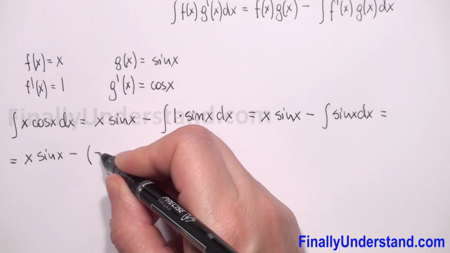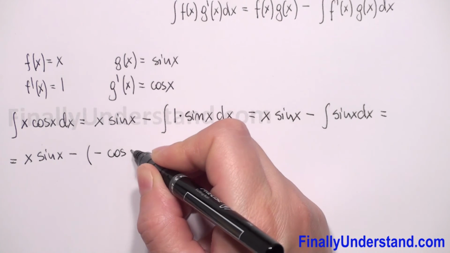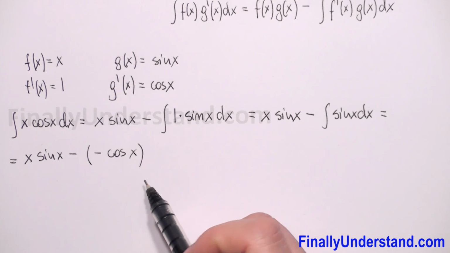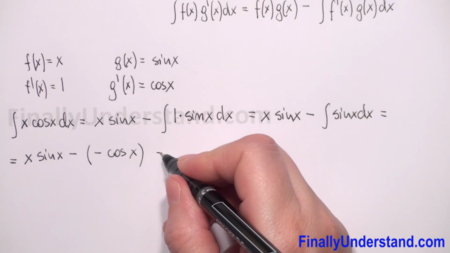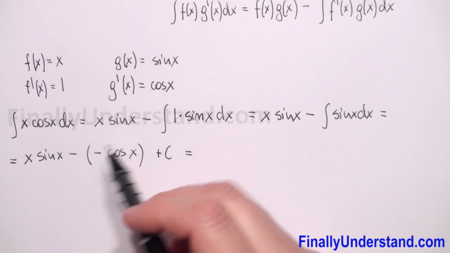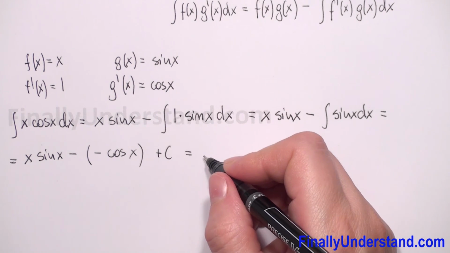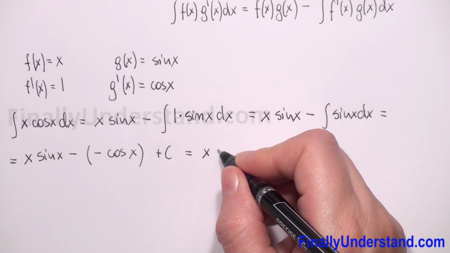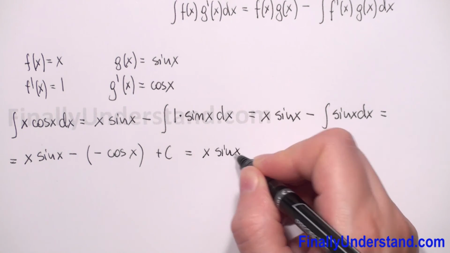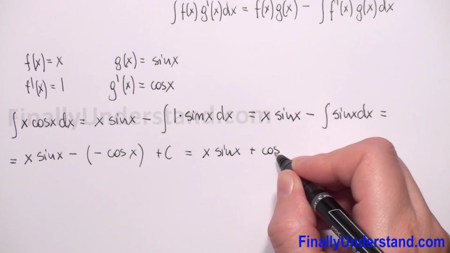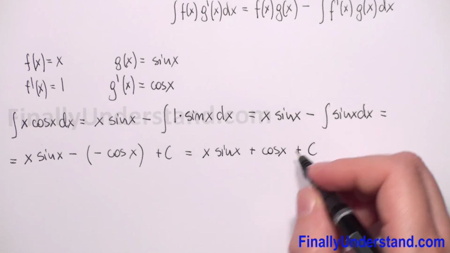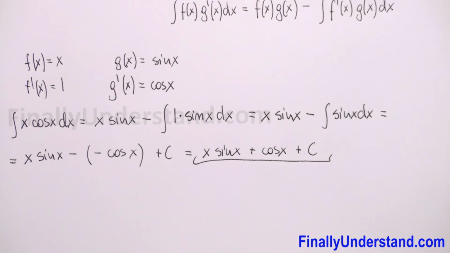So I will put this in parentheses, negative cosine of x. And of course we have to add a constant. So this is equal to, negative and negative give us positive, x sine of x plus cosine of x plus constant C. This is my solution.